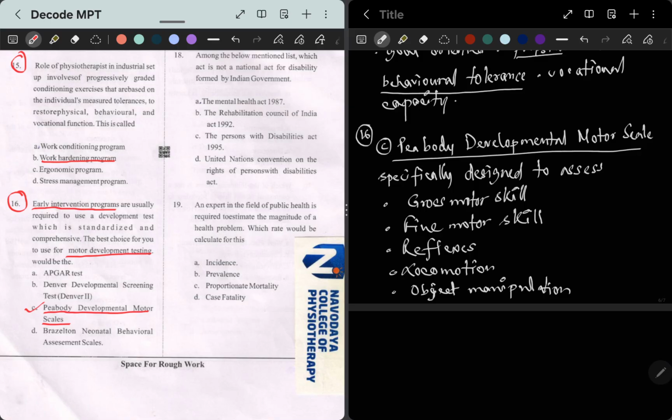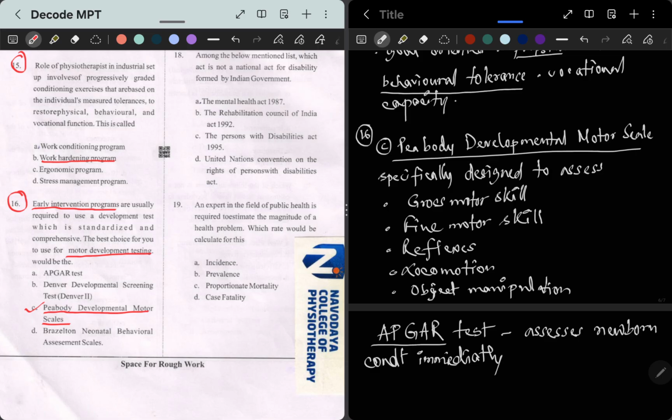Why not the others? The others are the Apgar scale. What is the Apgar test? That is to assess newborn condition immediately after birth.